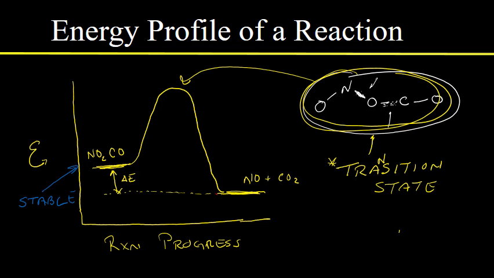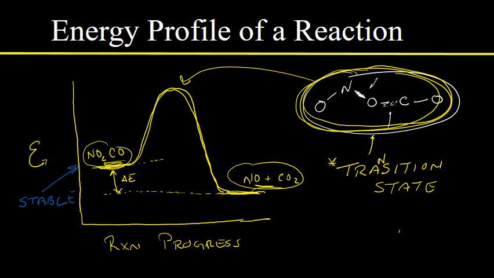And that transition state is always unstable and has a high energy. So in order for the reactants to go from here to here, they can't go directly from this energy to this energy. They can only do it by going through this unstable intermediate. And that means they have to have a lot of extra energy in order to achieve this high energy state in between. And that amount of energy required to create that transition state here on the diagram is called the activation energy.